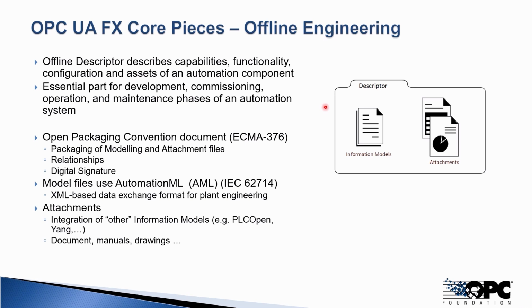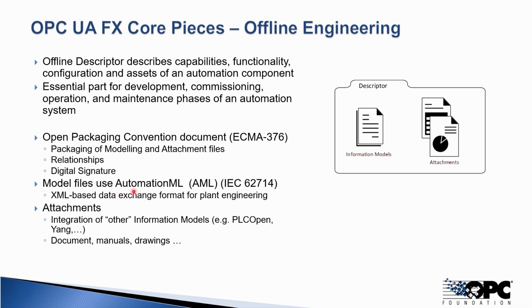The descriptor is built on the Open Packaging Convention document, and it allows to package various files, modeling files, including attachment files. It allows to build relationships between the files, and it allows to sign the descriptor to prove the validity of information.